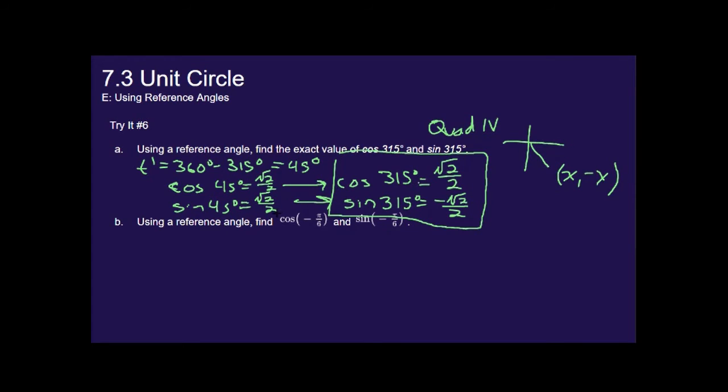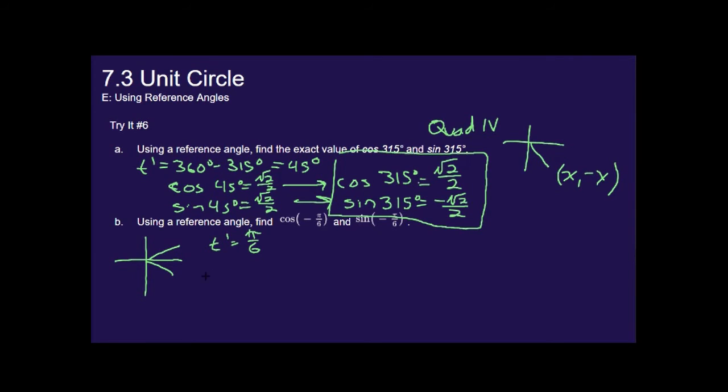And the next one, using a reference angle, find cosine of negative pi over 6 and sine of negative pi over 6. So we're working in the fourth quadrant, right, because we have a negative. And we know that because this is negative, the reference angle is the same thing, just positive. And so our reference angle is pi over 6.